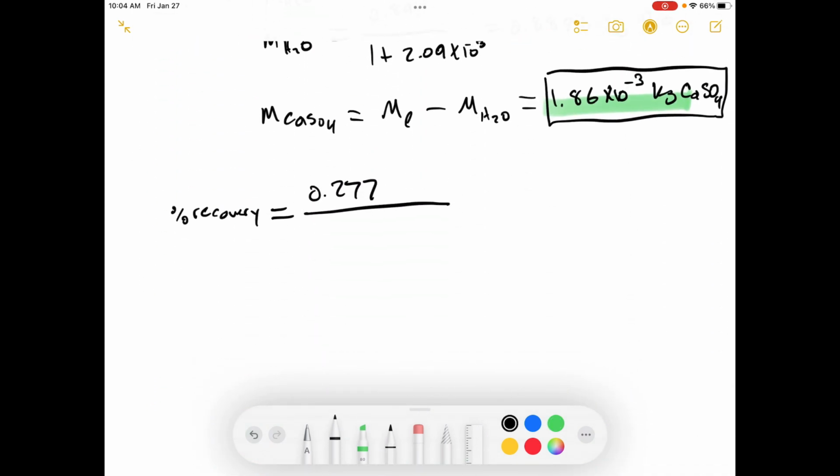So that is equal to 0.279, and that is 99.3% recovery. So you're getting nearly all of it out. That's great. Okay, and that is it for problem number 3.20.